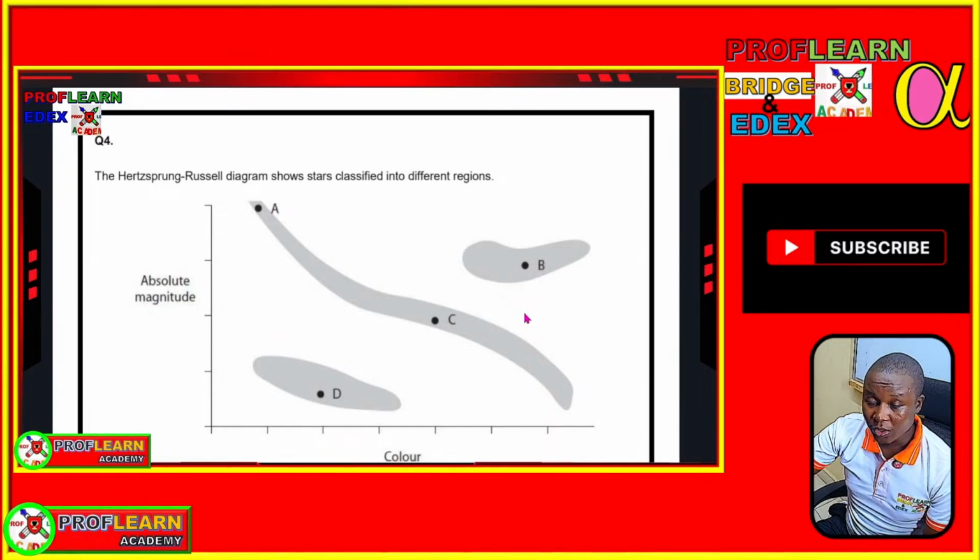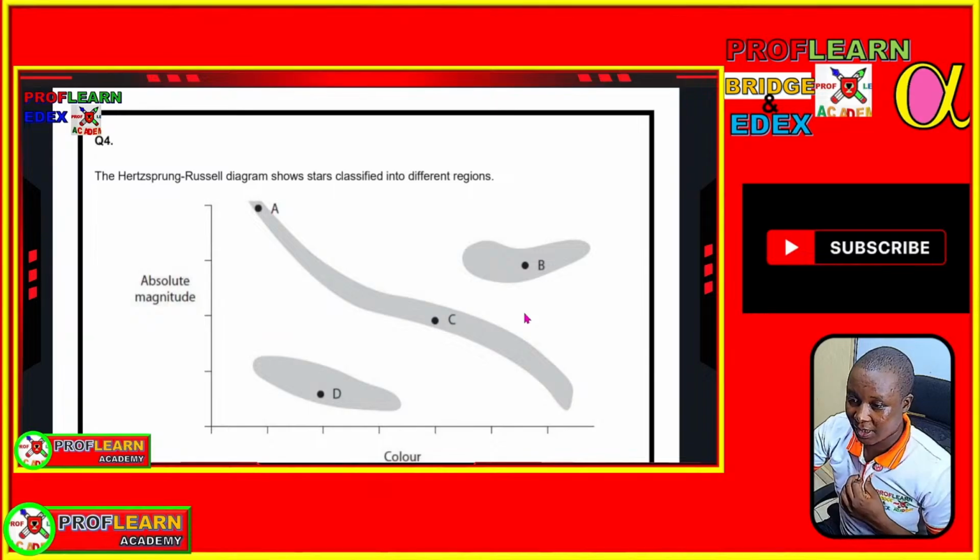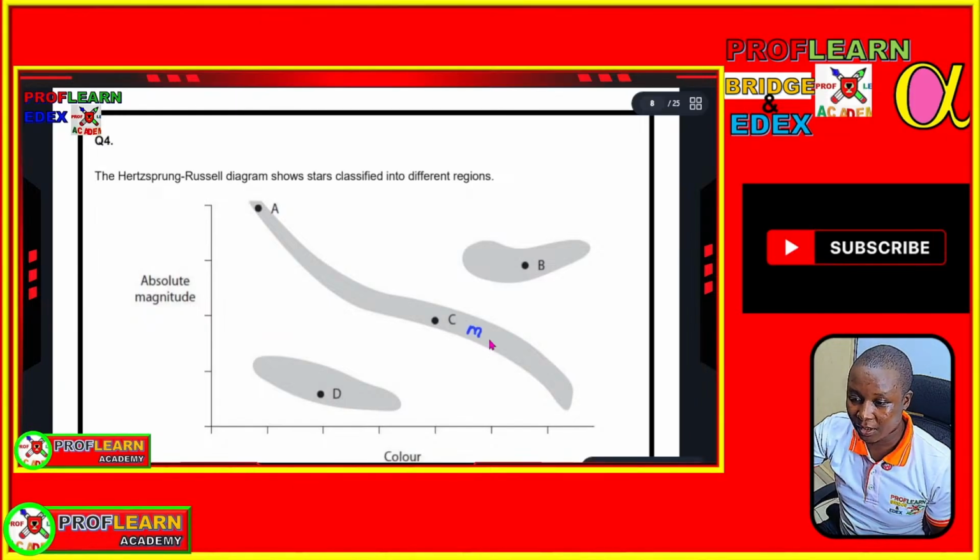Now moving to cosmology and astrophysics, that is astronomy, we shall look at HR diagrams. We call them Hertzsprung-Russell diagrams, which usually show different stages of stars. We have the main sequence, which is the middle part, and the upper part, which is the red giants, and then we have the white dwarfs.